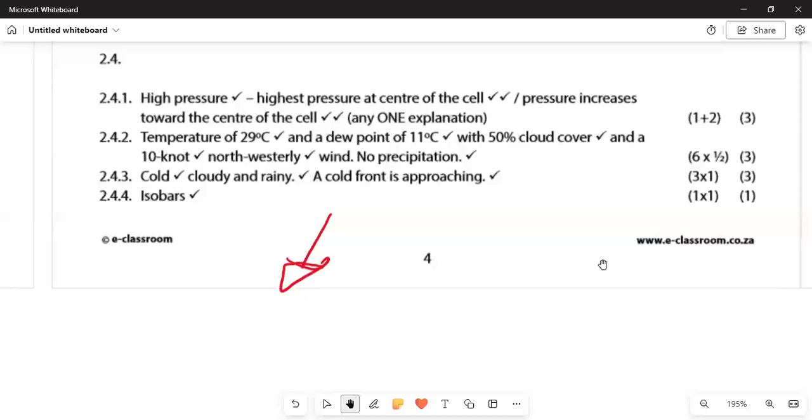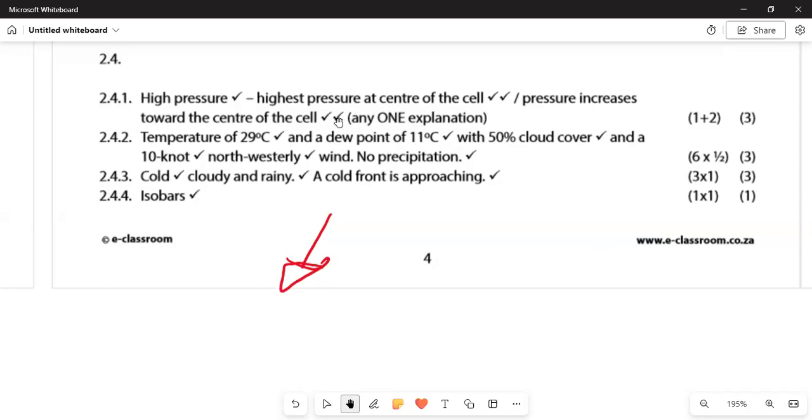As we have seen in 2.4.1, we have said that it is a high pressure because it is indicated by the highest temperature at the center of the cell, or the high pressure increases towards the center of the cell. That is the answer that we can write.